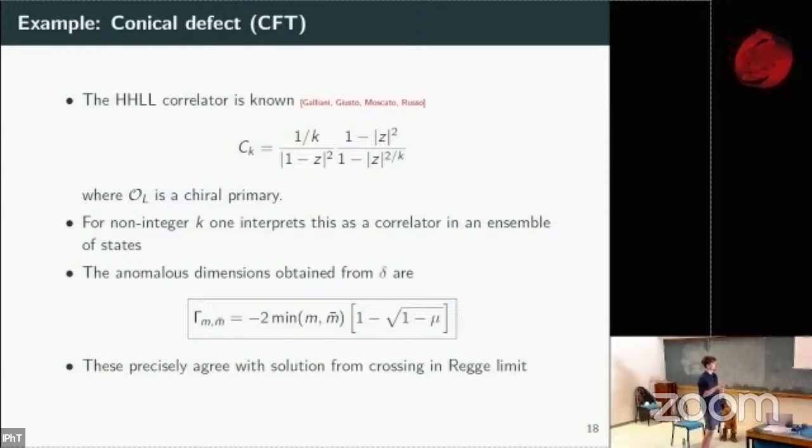And in this particular case, we find precise matching in the Regge limit. Of course, this is leading order in the Regge limit. So what does this tell us? It tells us that one of our initial hopes, in the sense of ruling out singular geometries, or having the CFT show some bias about singular versus microstate type geometries, doesn't seem to play out yet, because these are solutions to crossing.